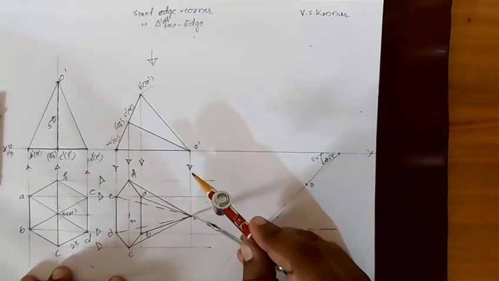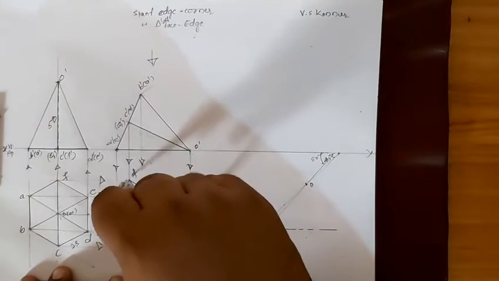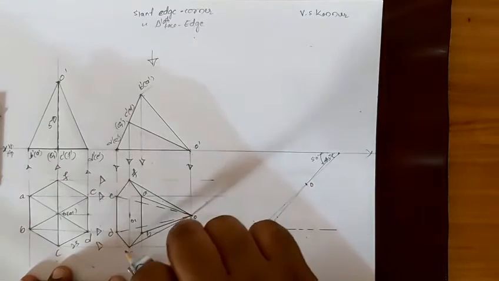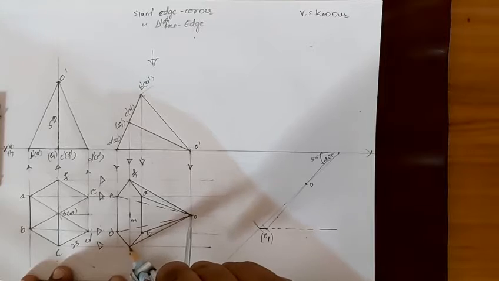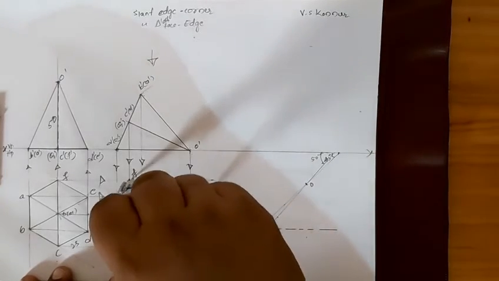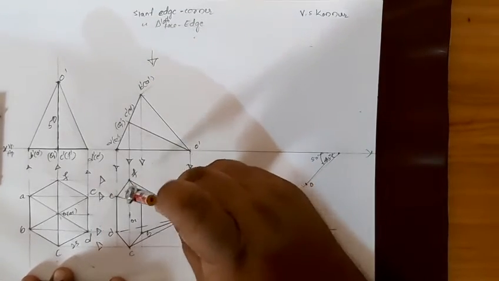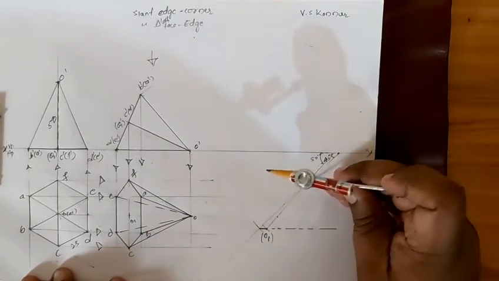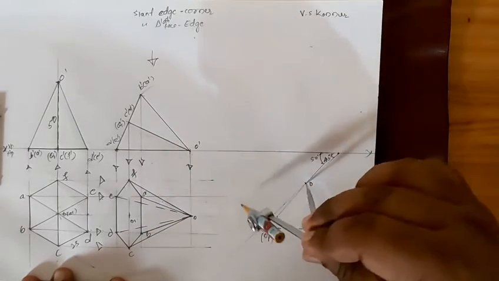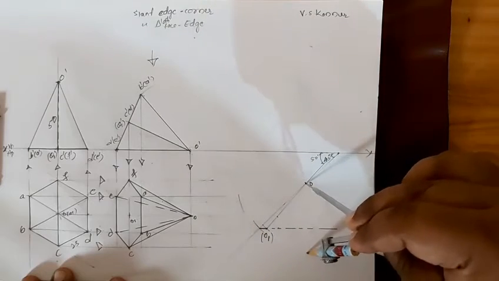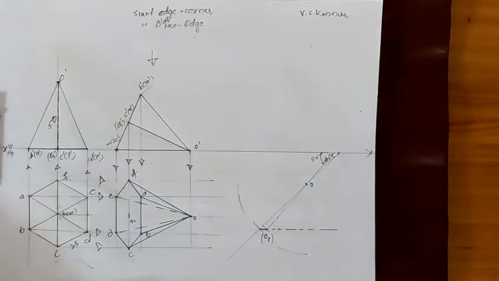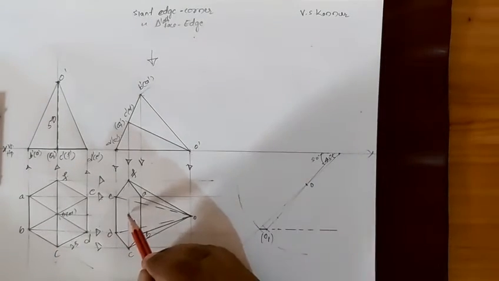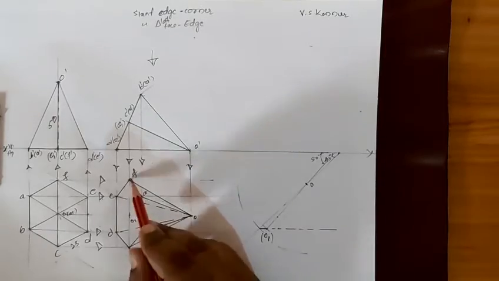Now we'll take OF, or you can take the OC distance. Keeping at O point, we'll draw arcs. And then this is the 90 degree line which cuts F and C from O1.